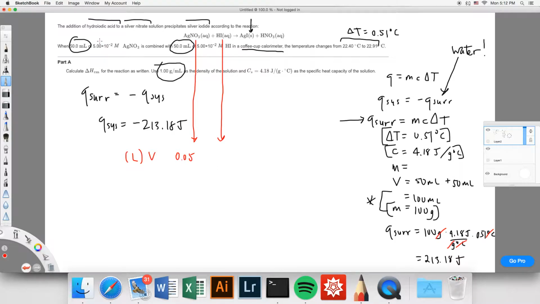That appears to be also 0.05 liters. What's the concentration of my hydroiodic acid? The concentration, that's moles per liter. It looks to also be 0.05.